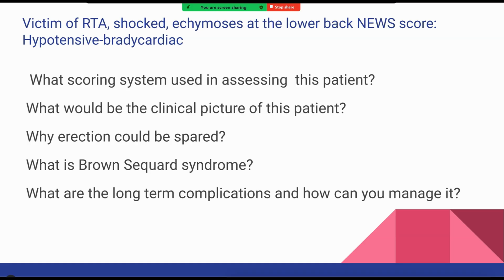Long-term complications in this patient include bed sores, muscle stiffness, joint stiffness, muscle wasting, recurrent urinary tract infection because of inability to pass urine and prolonged indwelling urethral catheterization, and maybe psychological issues like depression. Okay. So how will you manage all these complications? Just give me an overview.